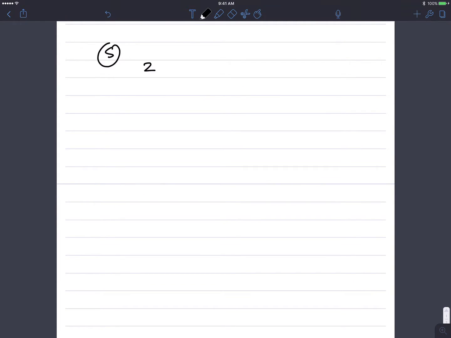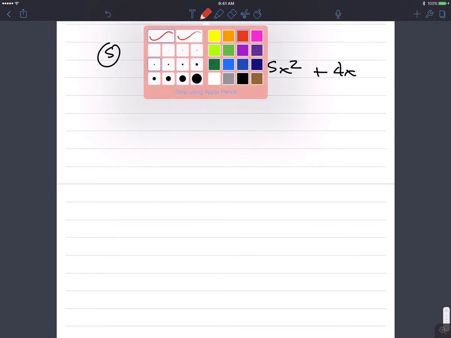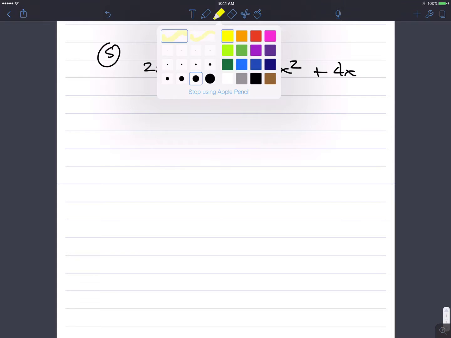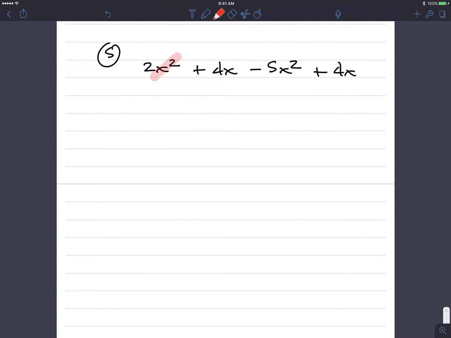Number 5, 2x squared plus 4x minus 5x squared plus 4x. Let's identify the terms. 2 apples minus 5 apples.